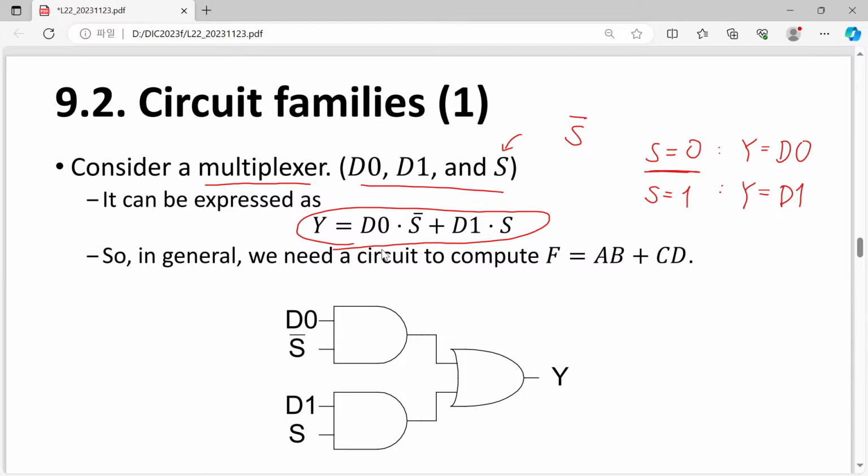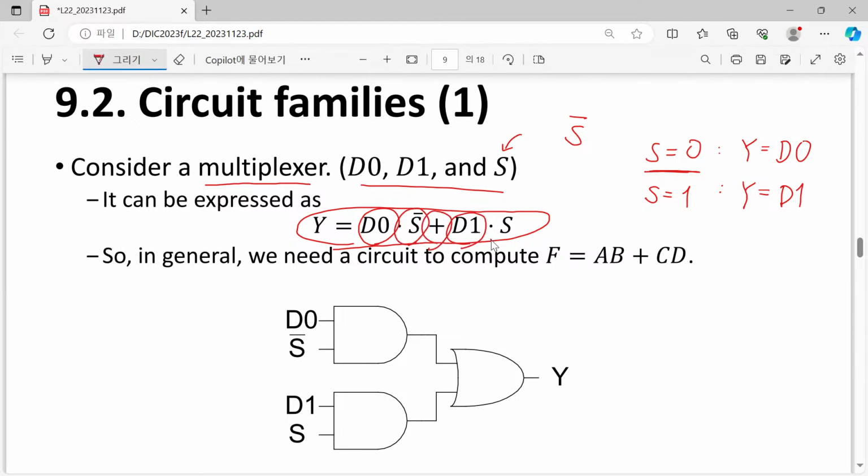So in general, we have something like this: D0 times something, or D1 and something. So let's express it in this form. Here we have D0 S bar and D1 S. Yes, it can be written in this form.